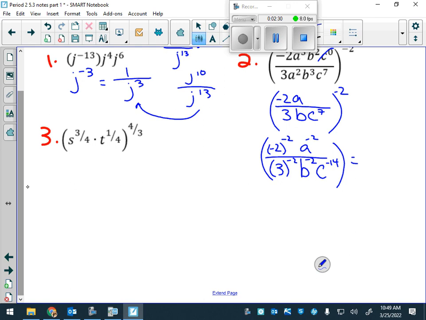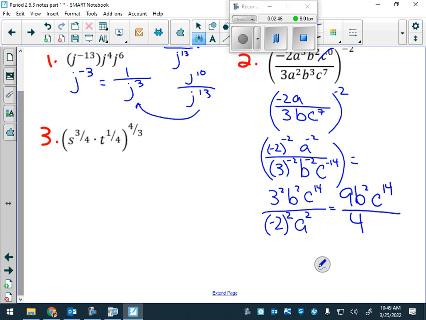So we have 3 squared, b squared, c to the 14th, negative 2 squared, and then a squared. And then we finalize: 9b squared, c to the 14th, and then 4a squared. Excellent.